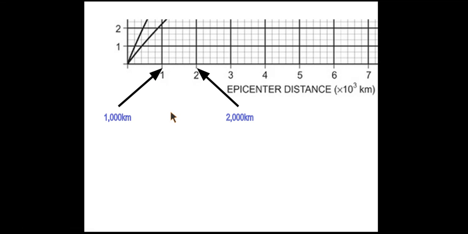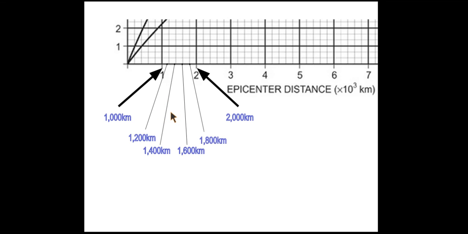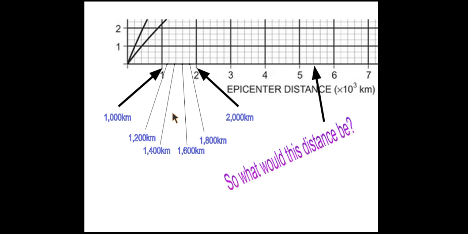So we know that each segment then is worth 200. So this first line is 1,200, 1,400, 1,600, 1,800 kilometers. So what would this distance be right here? So if this is 5,000 and we're counting by 200s, that's 5,200, 5,400 kilometers.